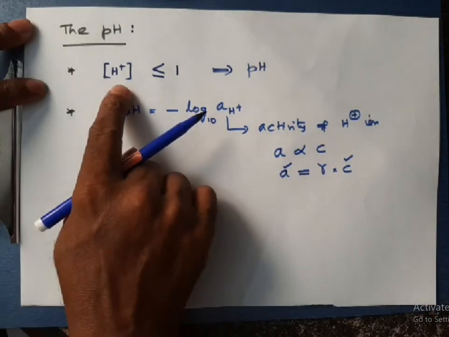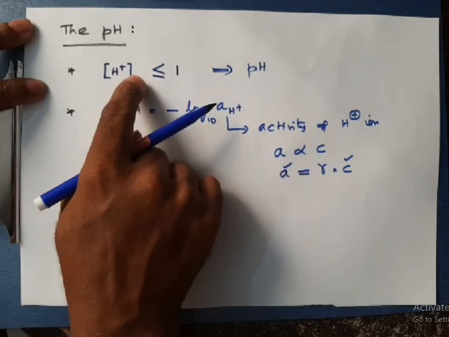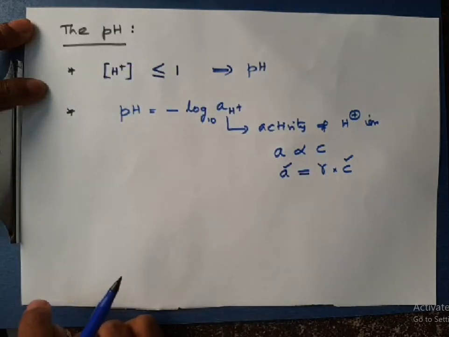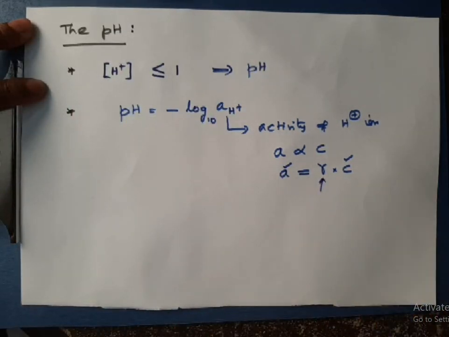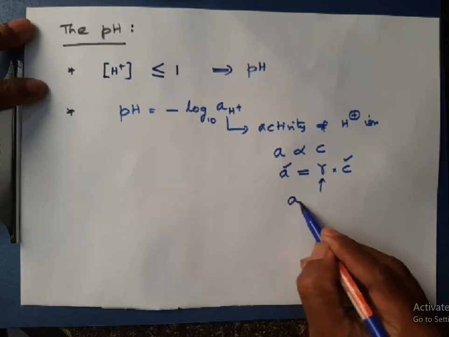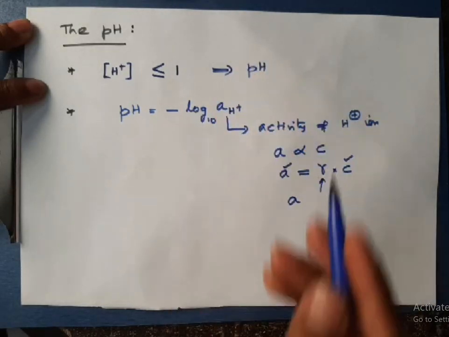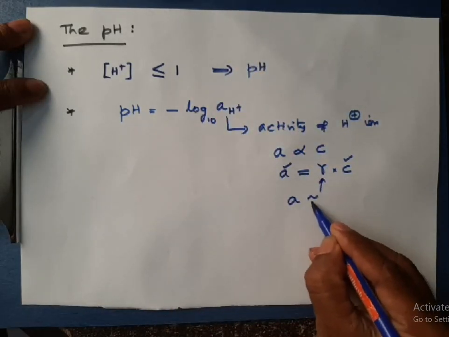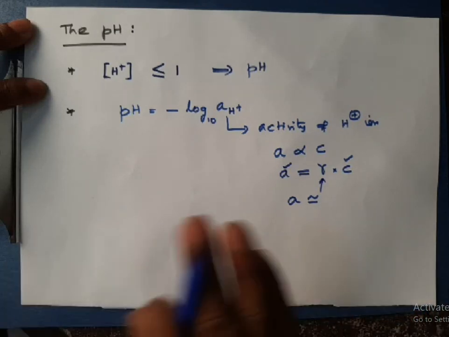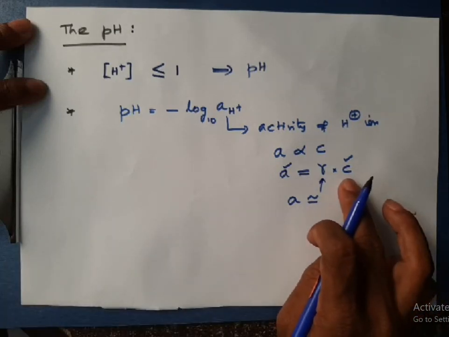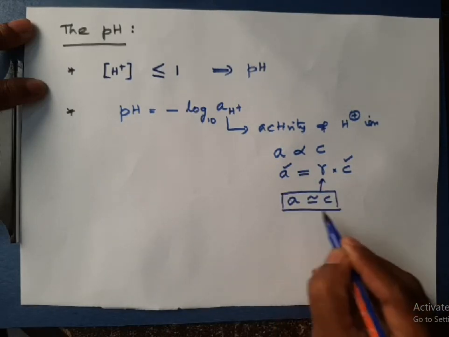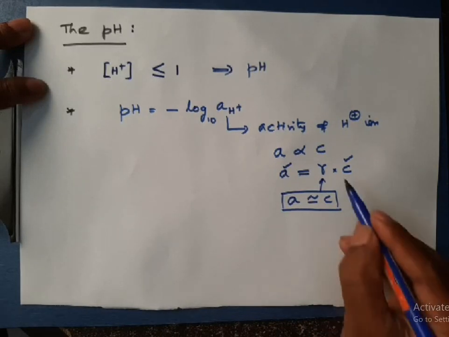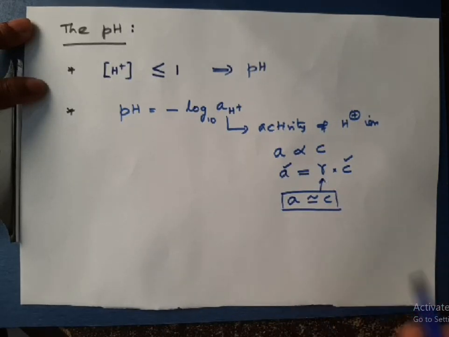Since we are going to use the concept of pH for low concentrations or dilute solutions, we can assume this gamma, the activity coefficient, as 1. Therefore, for pH calculation, almost all the time, we are going to use concentration instead of activity, because I am going to assume the activity coefficient is 1.